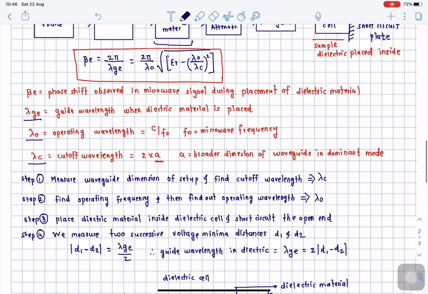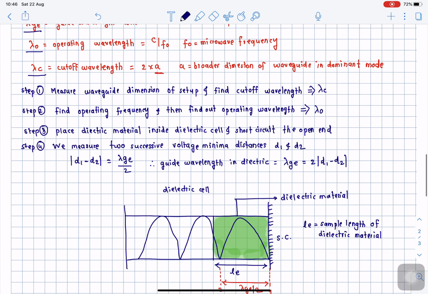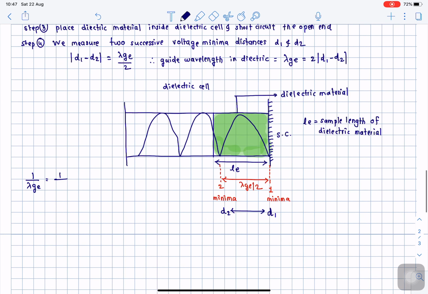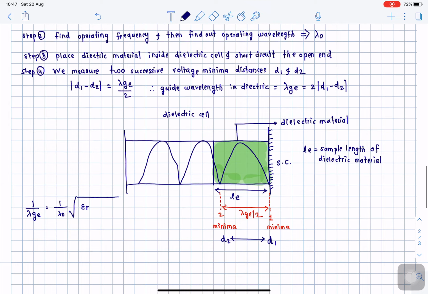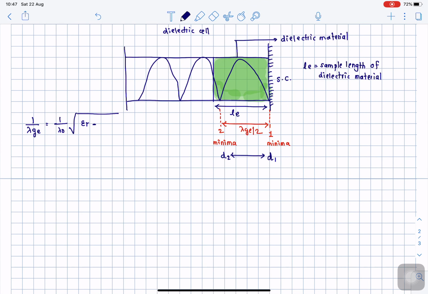So here, to calculate the phase shift, from this particular equation I can write 1 upon lambda GE is equal to 1 upon lambda 0, the free space wavelength, into the bracket epsilon r minus lambda 0 upon lambda c, whole squared.